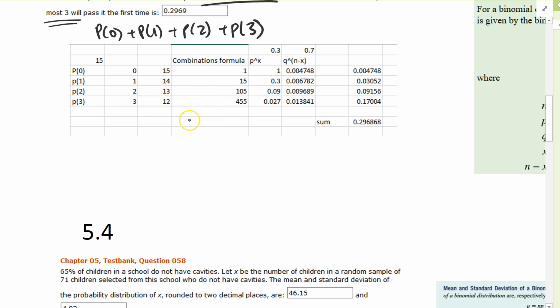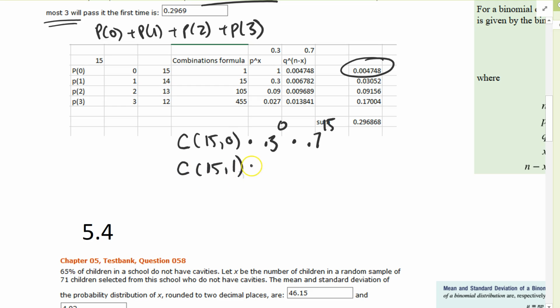So I would do combination of 15 choose 0 times 0.3 to the 0 power times 0.7 to the 15th power. That's how I got this number. Combination of 15 choose 1, right, because I'm going to pick one, times 0.3 to the first power times 0.7 to the 14th power. Combination of 15 choose 2, 0.3 squared, 0.7 to the 13th.